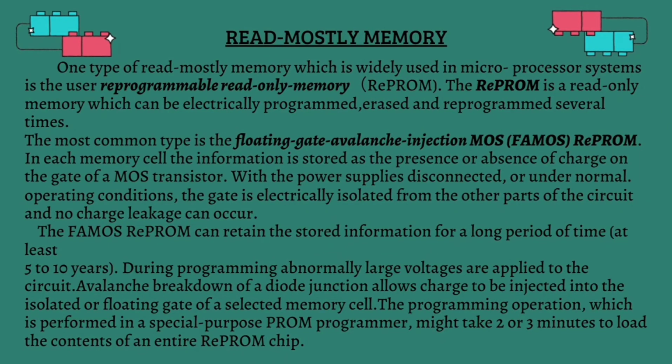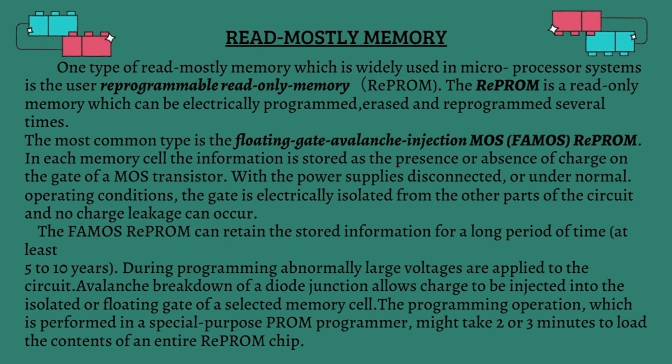Read mostly memory. One type of read mostly memory which is widely used in microprocessor systems is the user reprogrammable read-only memory, REPROM. The REPROM is a read-only memory which can be electrically programmed, erased, and reprogrammed several times. The most common type is the floating gate avalanche injection MOS, FAMOS, REPROM.